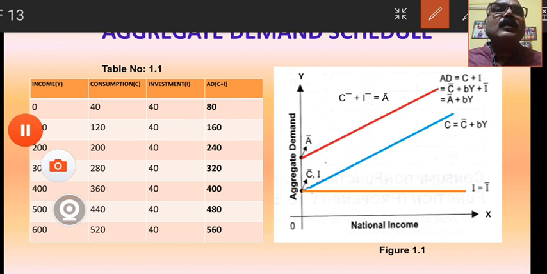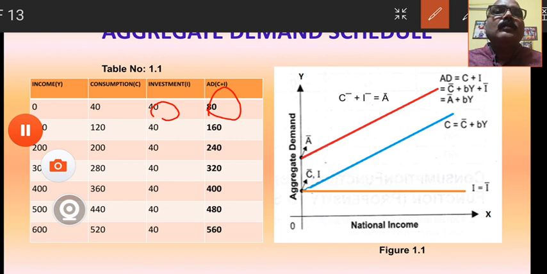So when income is 0, consumption is 40, and investment is constant, that is, your investment is also 40, and total aggregate demand is 80. Okay.